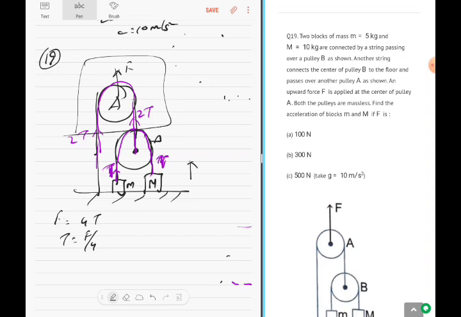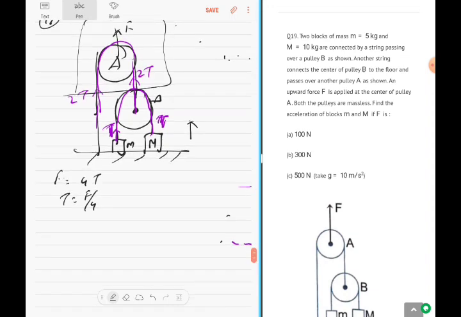So then tension will be 100 by 4, so it's 25 Newton. Weight of the block, as you can see, they have given capital M is 10 kg and small m is 5 kg. So this will be 50 Newton and this will be 100 Newton, which is acting downward.